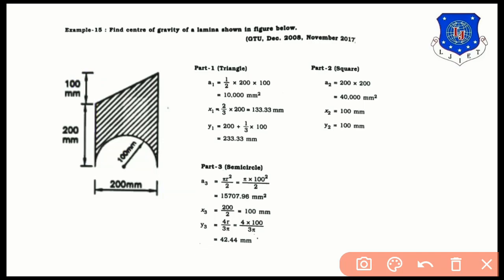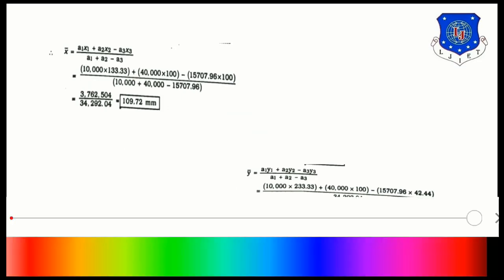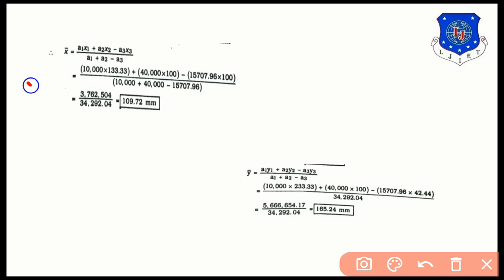Now let us calculate its center of gravity, means x bar and y bar. Let us see where is the x bar and y bar. You can see in the next page, this is the calculation of x bar and y bar. Now as per the formula, some changes are there in x bar and y bar. We can see in the figure that semicircle should be cut out from the total lamina.